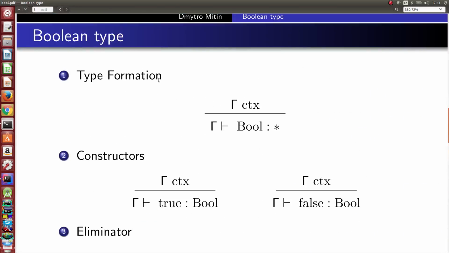So type formation rule states that in every context gamma, Bool is a type. I recall that context can be considered as information about types of variables. Let's say variable a has type A capital, variable b has type B capital, and so on. So Bool is a type.